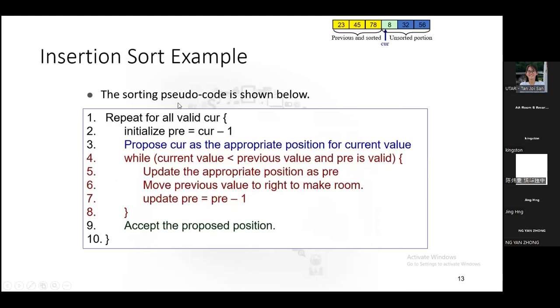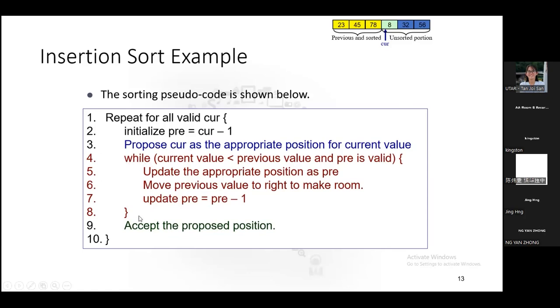So this is the sorting pseudocode, just to give you a brief idea before we look into the details. Repeat for all valid current positions, where we initialize pre equal to current minus 1, and propose the current as the appropriate position of the current value. So first, based on the array that we have, we need the current item, and from it we need to check which position we need to put it into.